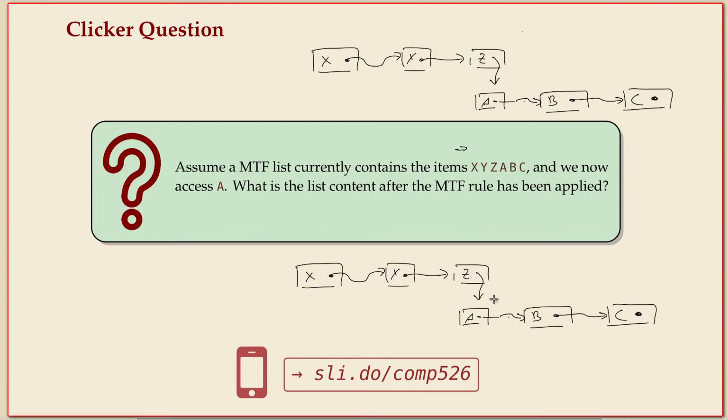That's A. Then we rip it out of here, put it in the front. We wire this so that C still points to somewhere. And then if we read the list, it's A, X, Y, Z, B, C, and that's what the majority has voted for. Okay, so that's how move to front works.